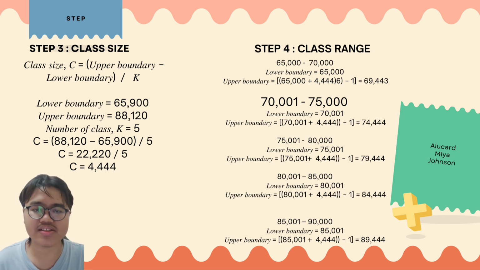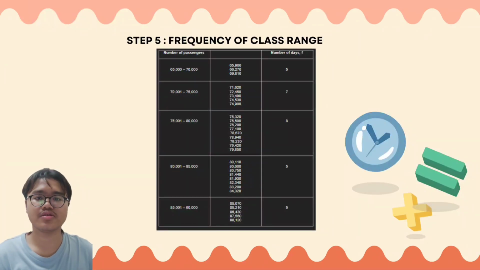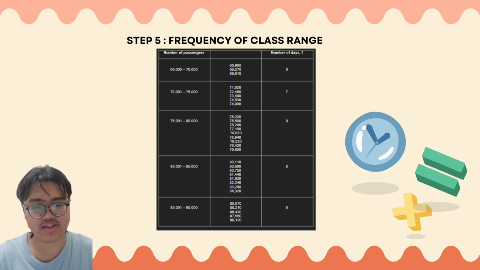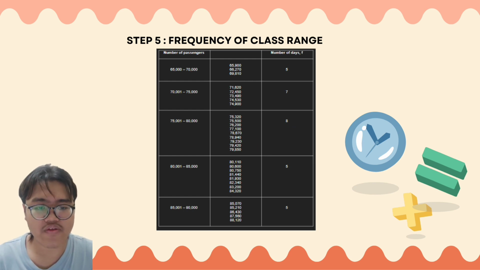For the second class is 74,444. For the third class is 79,444. For the fourth class is 85,444. For the last class, which is the fifth class, is 89,444. Okay, let's go to the next slide, which is step 5, frequency of the class range.